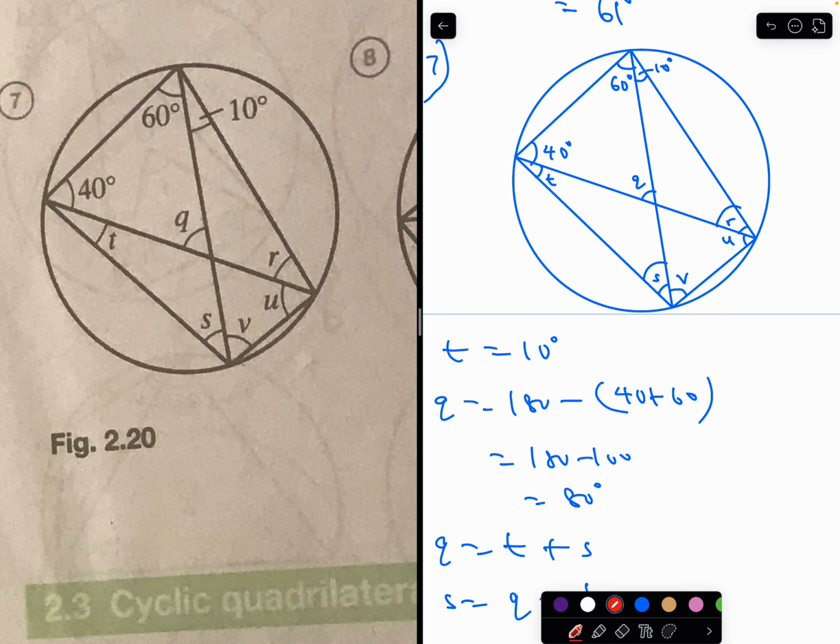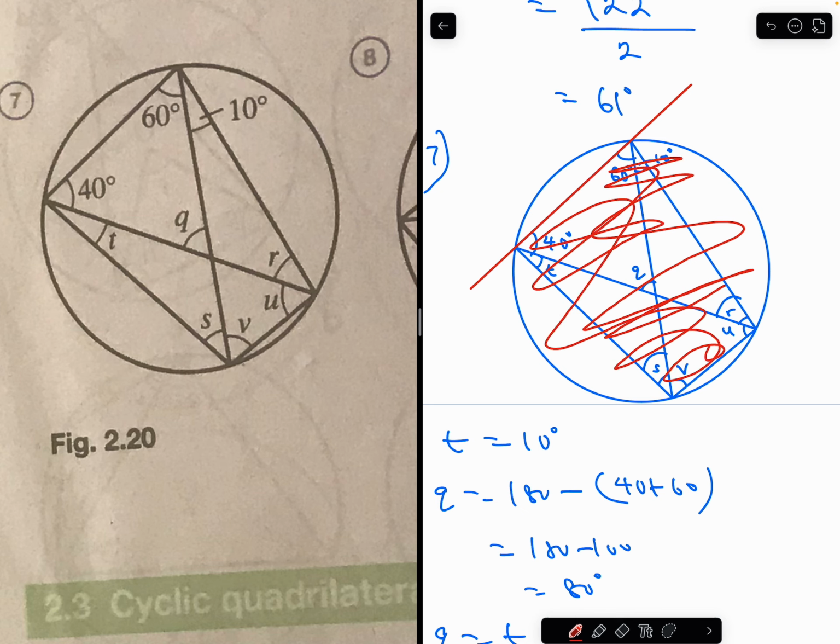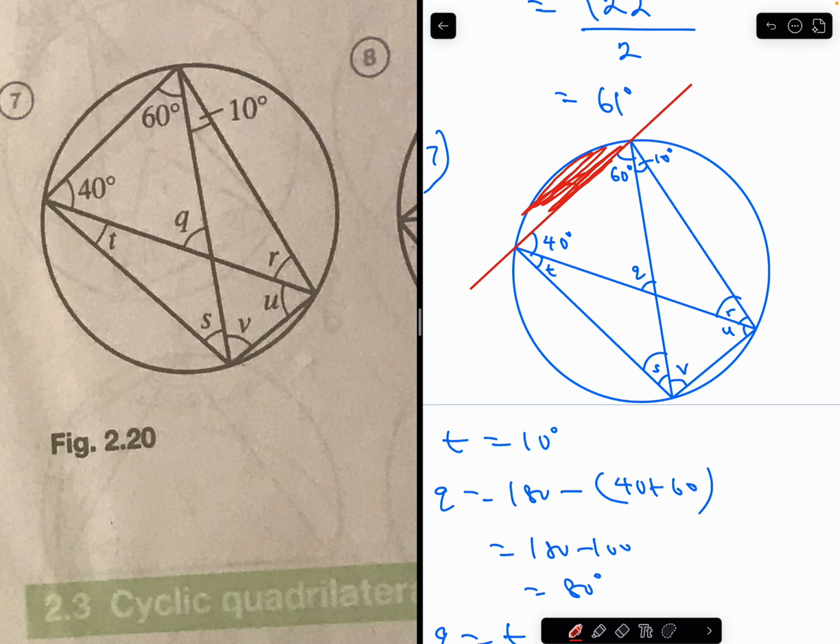Look at this chord. This chord divides the circle into two segments, this major segment and this minor segment. You'll see that these two lines, this line and this line, form a triangle.